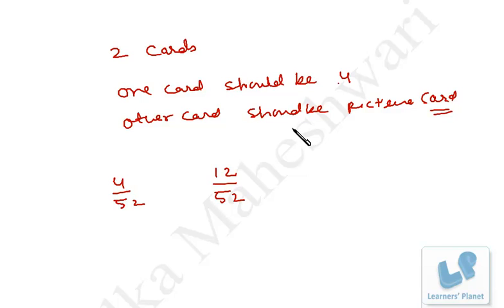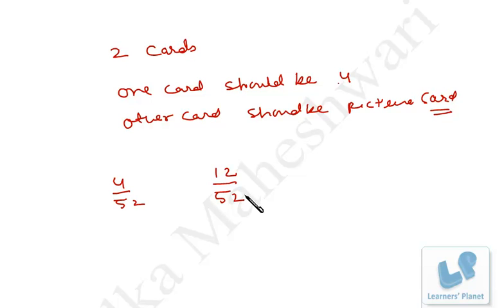First of all, whatever the first card was, I just saw it and put it back into the deck. So the probability will be 4 by 52 for the 4, and the probability of a picture card is 12 by 52. Since we are drawing two cards at different timings, both the events are independent events.